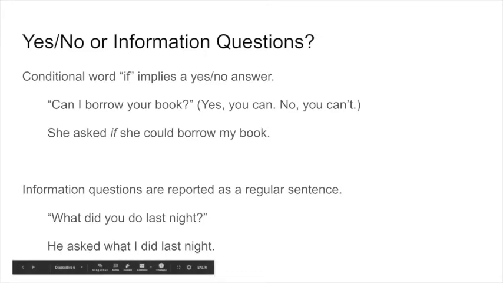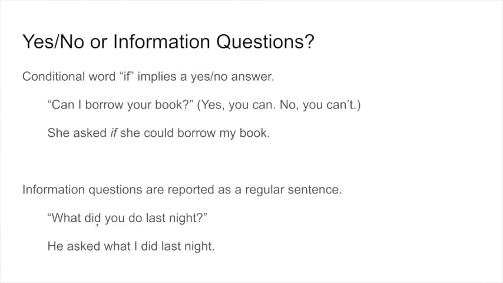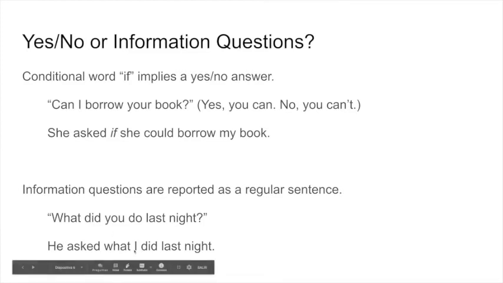Remember, we're going to use what. We're going to keep the wh- word. It stays right there. So he asked what. And then I. Remember, you becomes I. I'm the subject of the reported sentence. What I did. As you can see, we no longer have an auxiliary before the subject. We have the subject, and then the verb do becomes did.